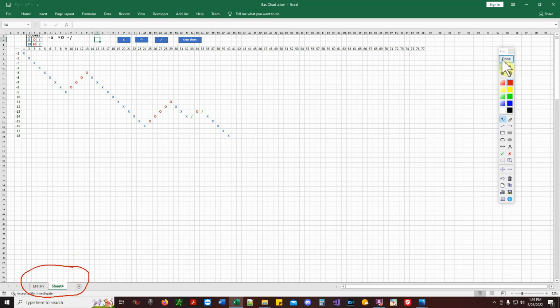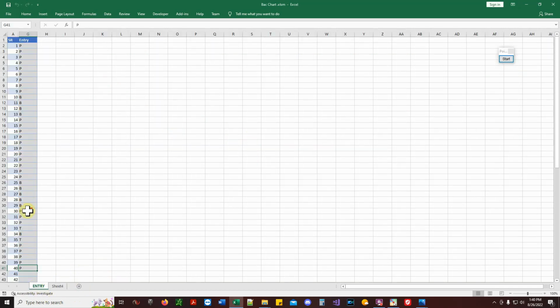The entry tab is for in case you make a mistake and you want to erase a hand or two. See all of these, you got banker, tie, and 4 or 5 players in a row. Say you wanted to delete 3 of those players. You go down here and click on entry, and you see this is that shoe.